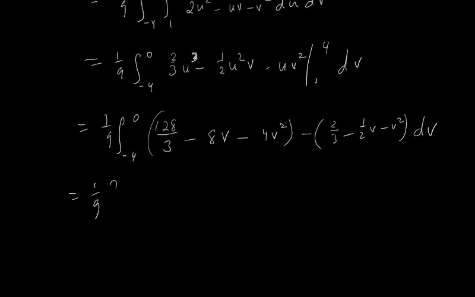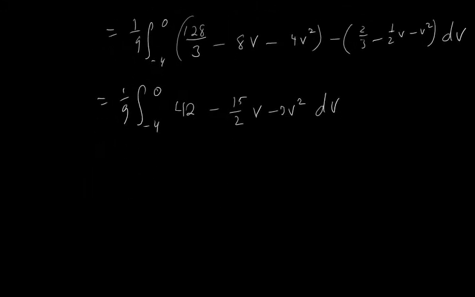So let's simplify that. 128 minus 2 is 126 over 3, which reduces to 42. Minus 8v minus negative half v, that's negative 7.5v, or 15/2 v. Then minus 4v squared plus v squared is minus 3v squared.